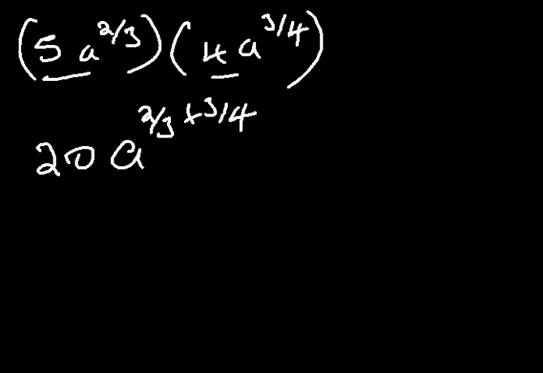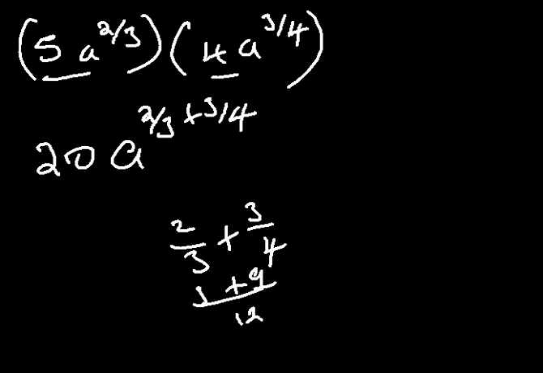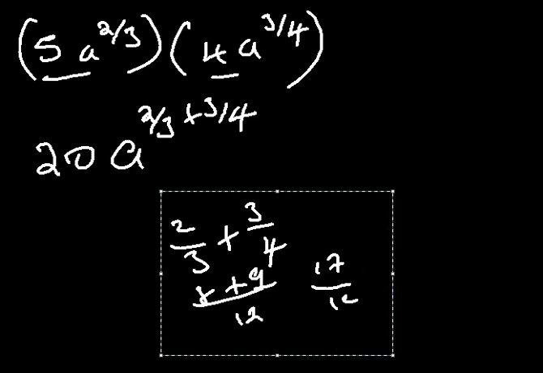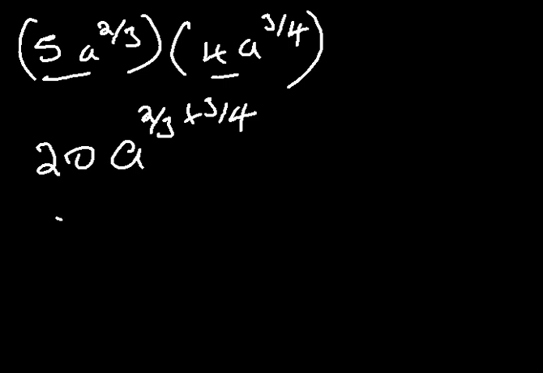So what is 2 over 3 plus 3 over 4? We use 12 as the common denominator. You should understand how to add fractions. So we have 8 plus 9, which is 17, divided by 12. That's the addition. So we have 20a to the power 17 over 12, where 12 is the root and 17 is the power.